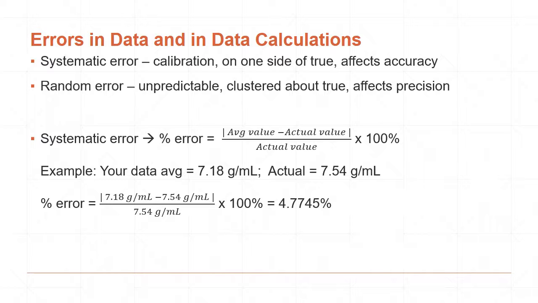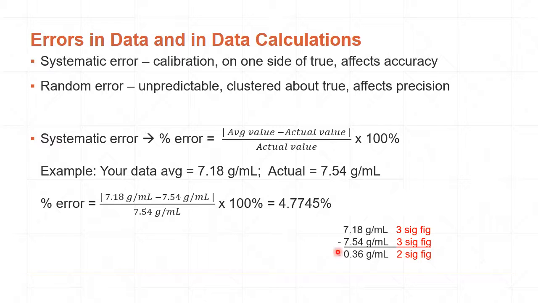The way we'll do that is to look at the subtraction in this numerator first, figure out how many sig figs it represents, and then I can figure out my overall precision from there. Looking at the numerator only, I see 7.18 minus 7.54. Each of those is precise to the hundredths place, meaning my answer will also be precise to the hundredths place. But notice that my answer is only going to have two significant figures.